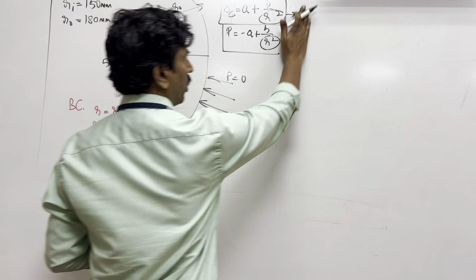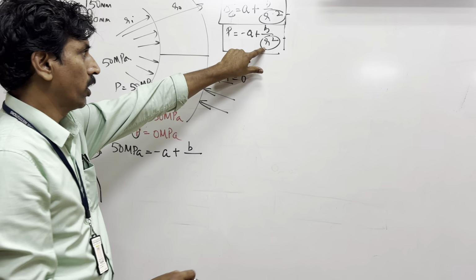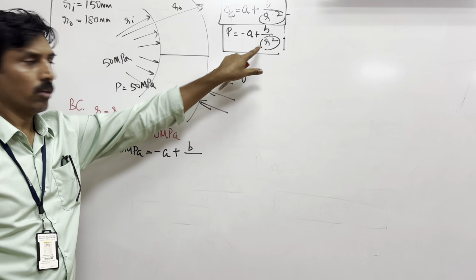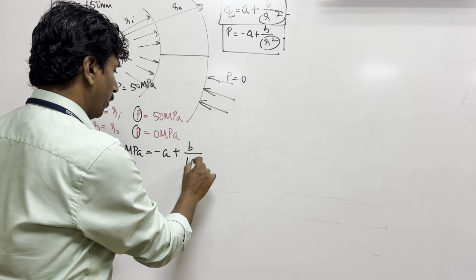So applying boundary condition 1, what is the value of P here? 50 MPa, and then it is minus A plus B divided by R square. So what is the value of R? 150.